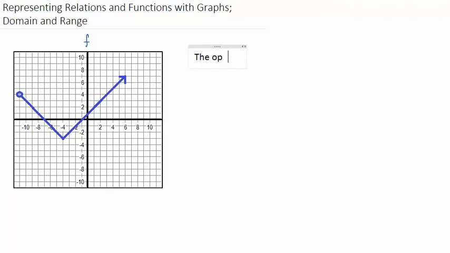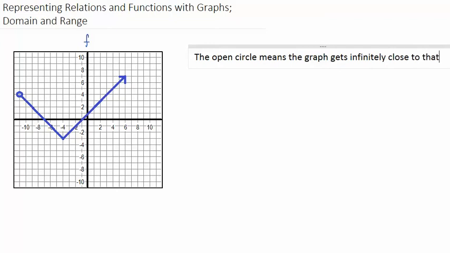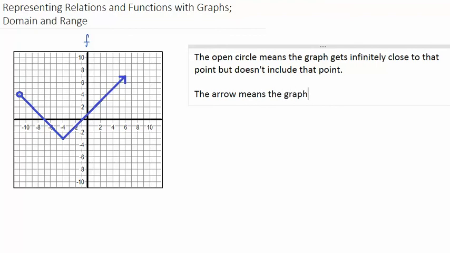The open circle means the graph gets infinitely close to that point, but doesn't include that point. Okay, so that's important to know. The arrow means the graph continues forever in that direction.